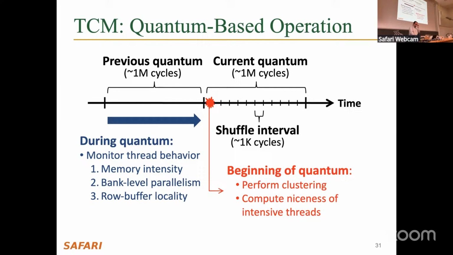Question? It's a technique where you use your past to learn and then predict the near future, so you might ask why you would be able to have good confidence in the next quantum. There might be some applications that change their phases quite frequently, so your learning from the past may not be reliable at the current time.